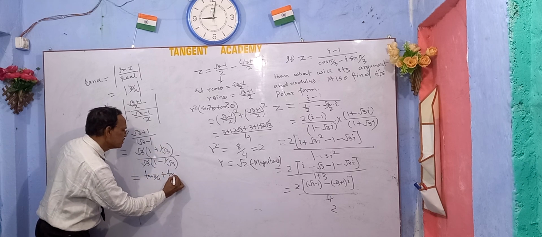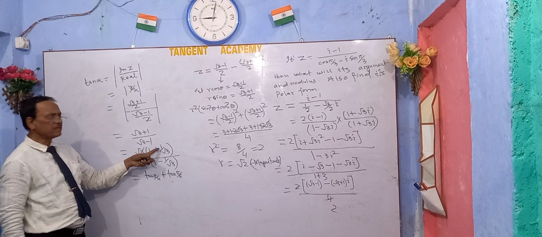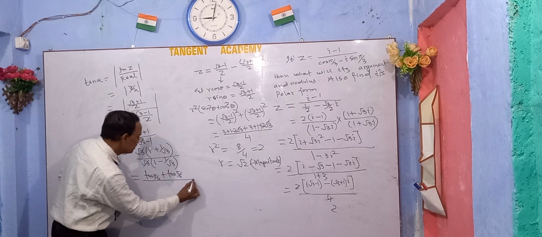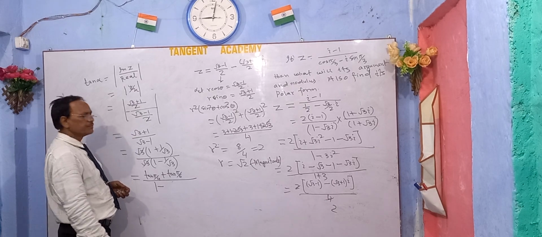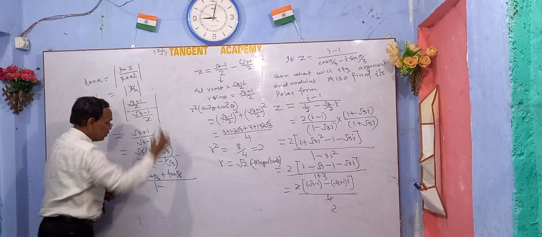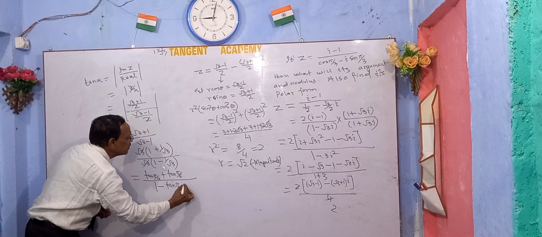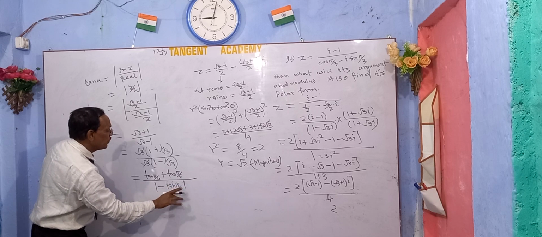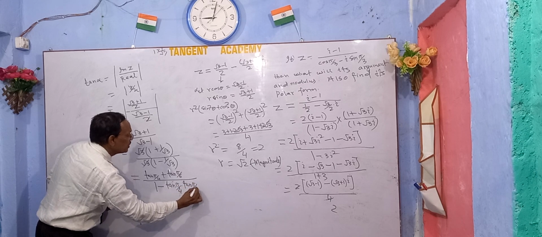Nothing but tan pi by 6. Clearly, pi by 6 means 30 degree. One should be left free in order to get the formula. Here we may treat 1 as tan pi by 4 for the value of 1 and tan pi by 6 for the value of 1 by root 3.